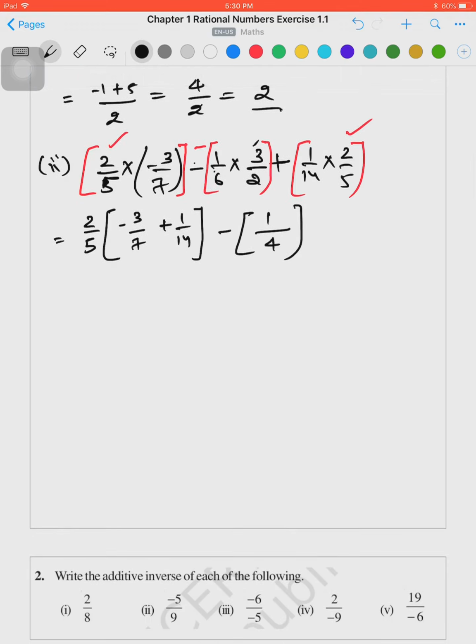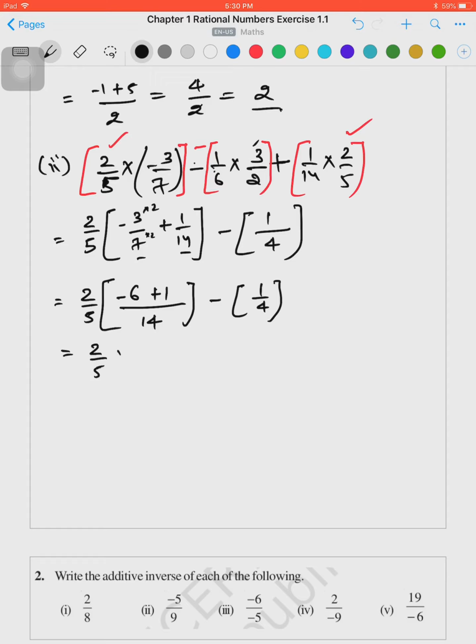Okay, now we have 2 by 5. The LCM of 14 and 7 will be 14. In order to make it 14, we have to multiply by 2 here, so we multiply by 2 also in the numerator, so it will be minus 6 plus 1, bracket closed. Outside the bracket we have 1 by 4, so this will be 2 by 5 multiplied by minus 5 by 14 minus 1 by 4.